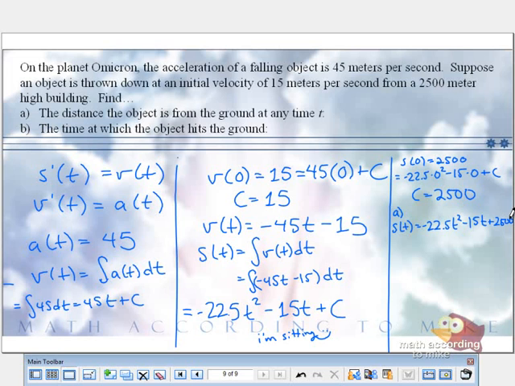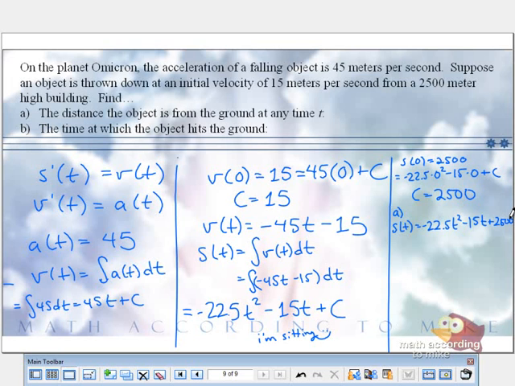Part B, the time at which the object hits the ground. So the acceleration is 45 meters per second squared. You threw it down at 15 meters per second. Like if there was a police radar system, they saw how fast your hand moved, that'd be the 15 meters per second. And now you're going to wait at the top of this 2,500 meter building, which is pretty big.